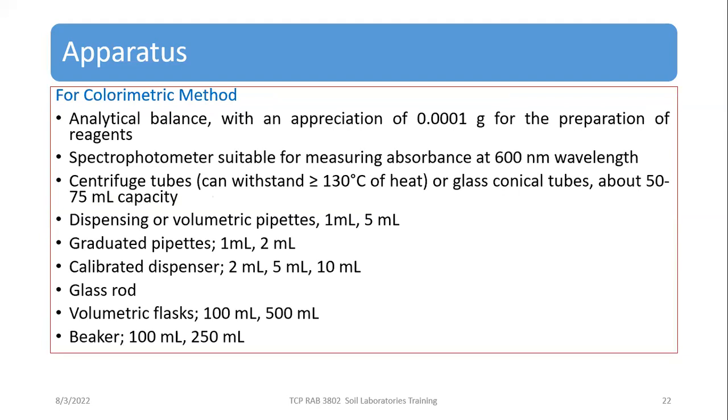For the colorimetric method, you need an analytical balance, a spectrometer for measuring absorbance at 600 nanometer wavelength, centrifuge tubes, dispensing or volumetric pipettes, graduated pipette, calibrated dispenser, glass rod, volumetric flask, and beakers.